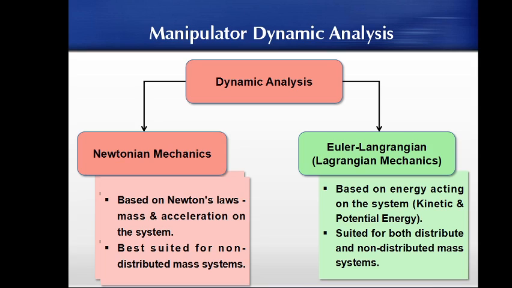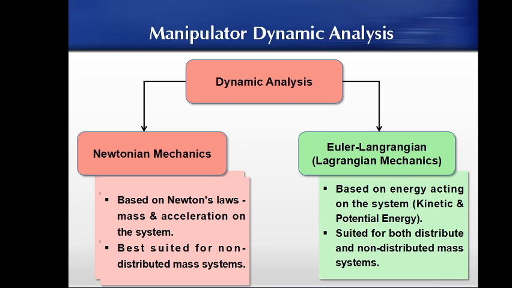Okay, so in case of simple systems, Newtonian mechanics is better, but as the complexity increases, Lagrangian mechanics seems to be simpler than Newtonian mechanics, and Lagrangian mechanics can be applied irrespective of the mass distribution on the system.